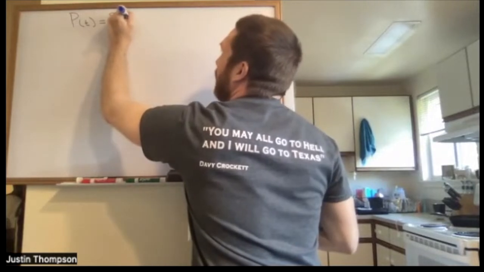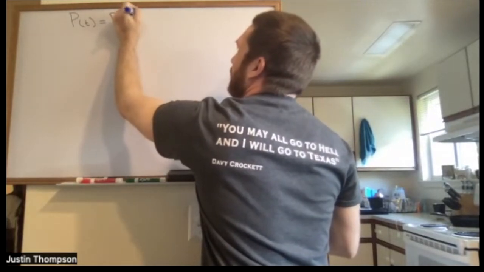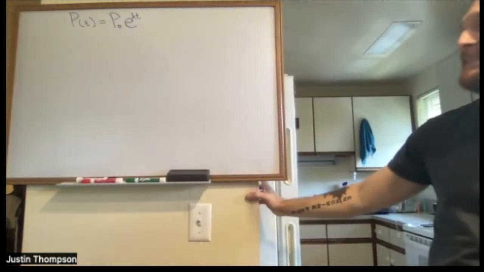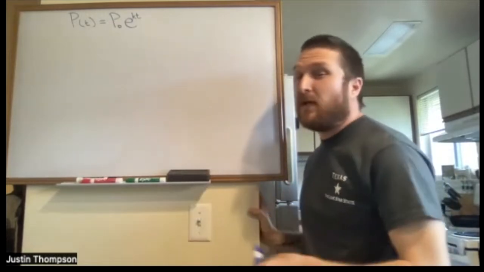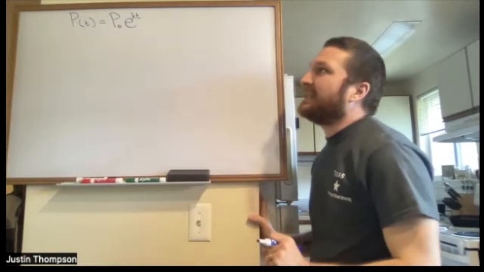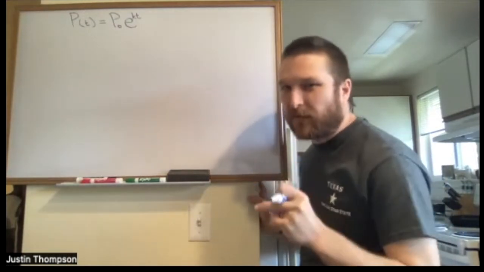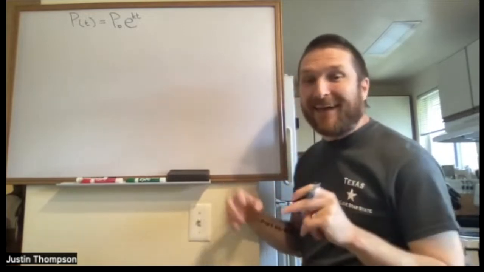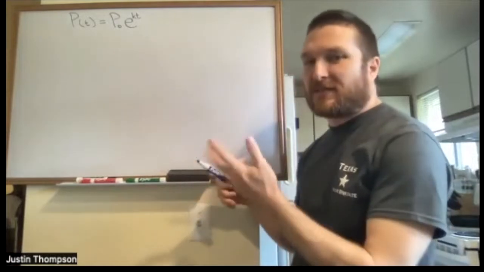Then we take that and multiply it by e raised to the k times t, where t is time in some units. Maybe it's years, maybe it's months, maybe it's seconds. It depends on the context of the problem. And k is some constant. What we're going to be doing pretty much all day is solving for k, because we're going to have a bunch of different scenarios.